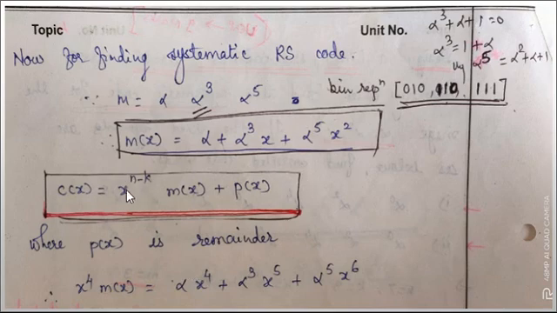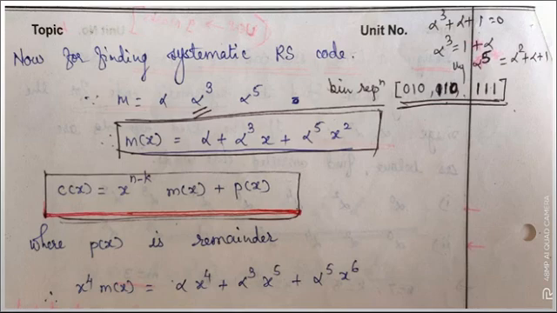Now, n minus k, for our problem statement, it is given that n is 7 and k is 3. So obviously x raised to 4 m of x or d of x means multiply x raised to 4 to this entire d of x, that is the data polynomial or the message polynomial. So this is the term we will get after this, x raised to n minus k d of x.